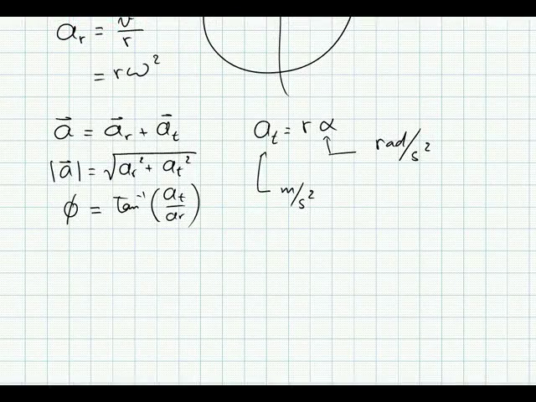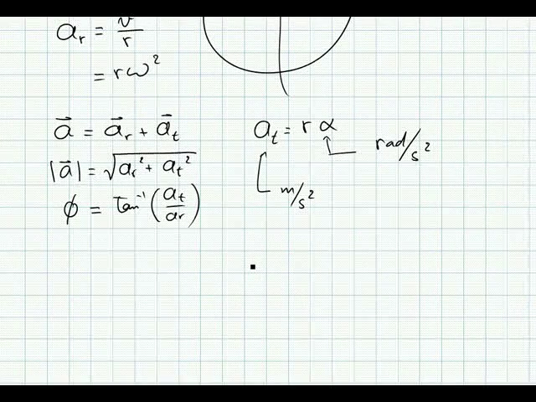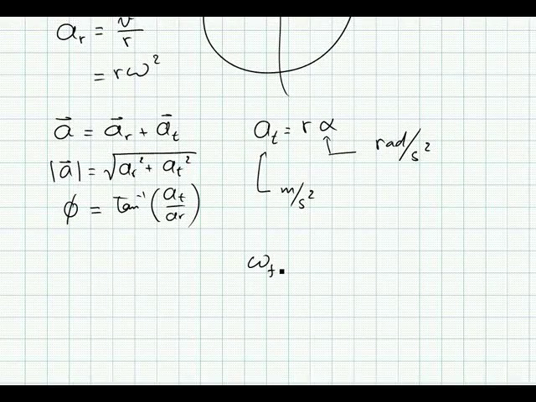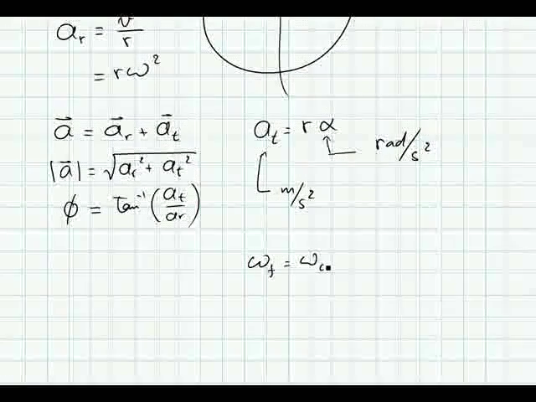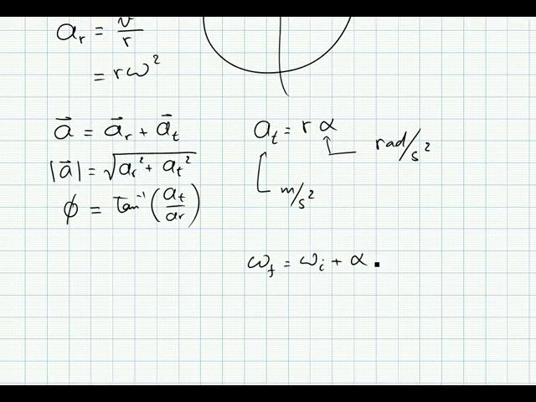The kinematic equations of circular motion are similar to those for linear motion. Final angular velocity is equal to initial angular velocity plus angular acceleration times delta t.